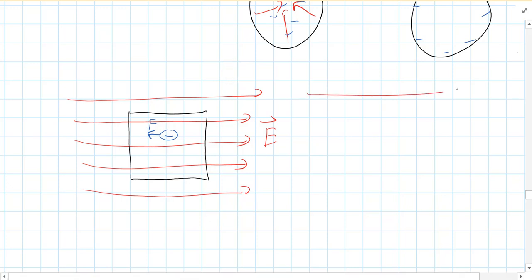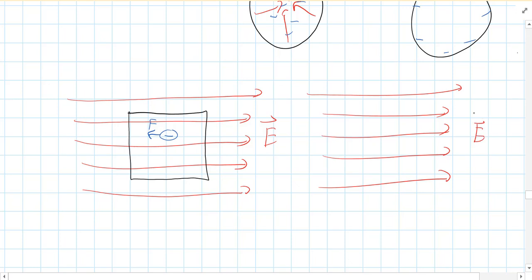So here's what happens. That's the before picture. Here's the after picture. We'll draw the same field, like so. There's your electric field, and here's your conductor. What will end up happening is a bunch of electrons will move to the left side. That's going to leave behind a bunch of extra positives on the right side.